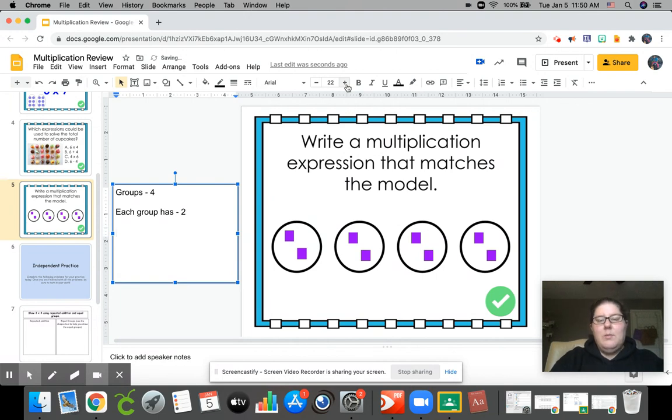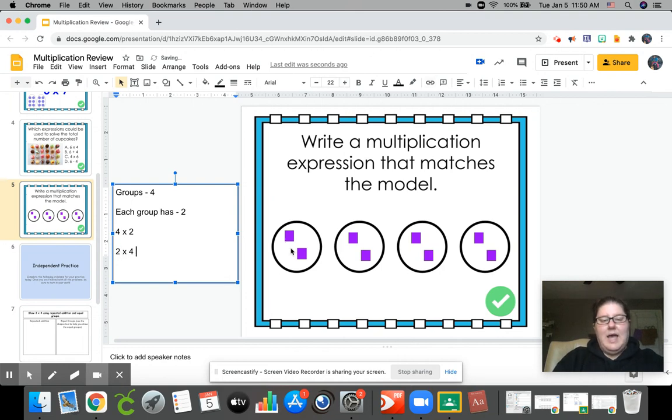So now tell me an expression that you can use to show how to solve this. Right? So if you said 4 times 2, that is one expression. You could have also said 2 times 4.